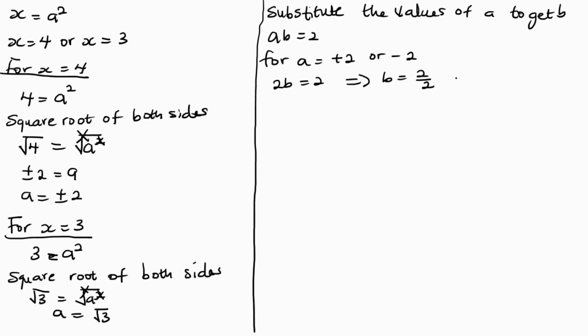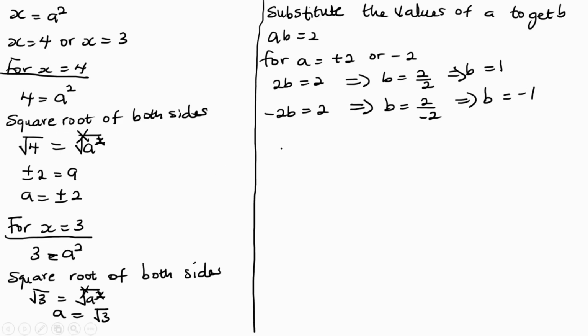That is, dividing both sides by 2, we have that b is equal to 1. For a equals minus 2, we have minus 2b is equal to 2. Dividing both sides by minus 2, we have that b is equal to 2 over minus 2, and this implies that b is equal to minus 1.